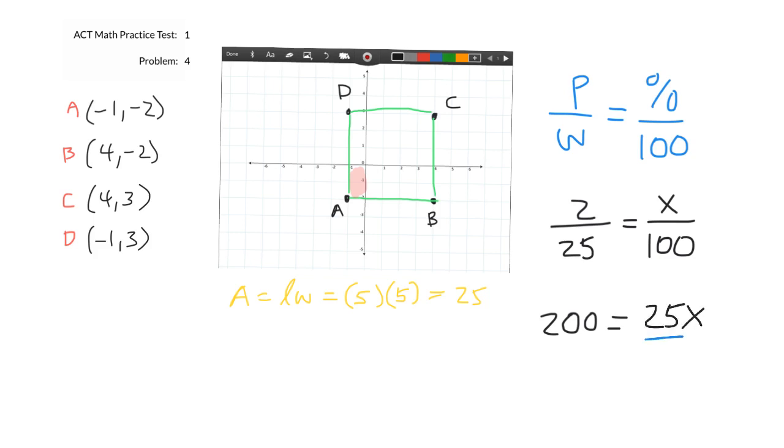And then at that point, we divide both sides by 25, and these would cancel, leaving us with x equals 8. And that is the answer, which is answer choice F.